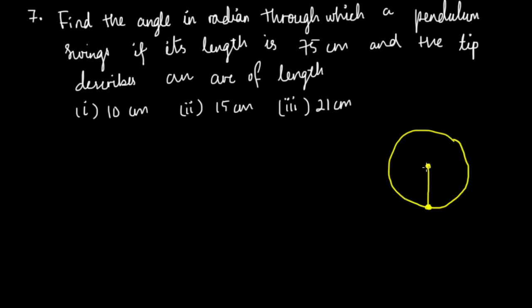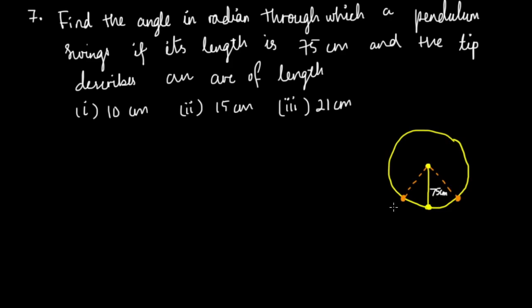Let's say the pendulum starts swinging from here, and eventually it comes to rest here. So this is the resting position of the pendulum. Further, we're told that the length of the pendulum is 75 centimeters, which means this is 75 centimeters.